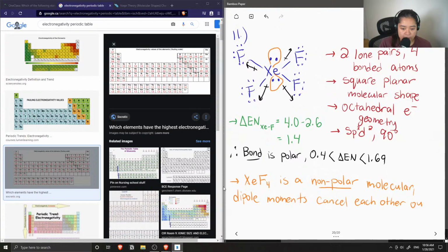Another way of saying this is that we have a 0 net dipole moment. And we can say this is because we have a symmetrical molecular shape.